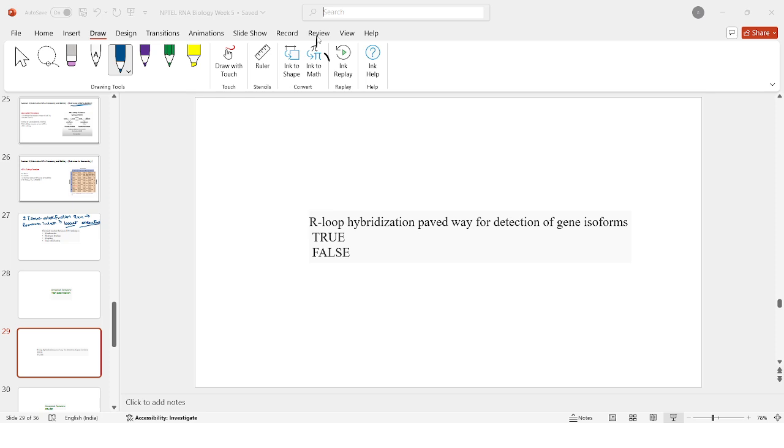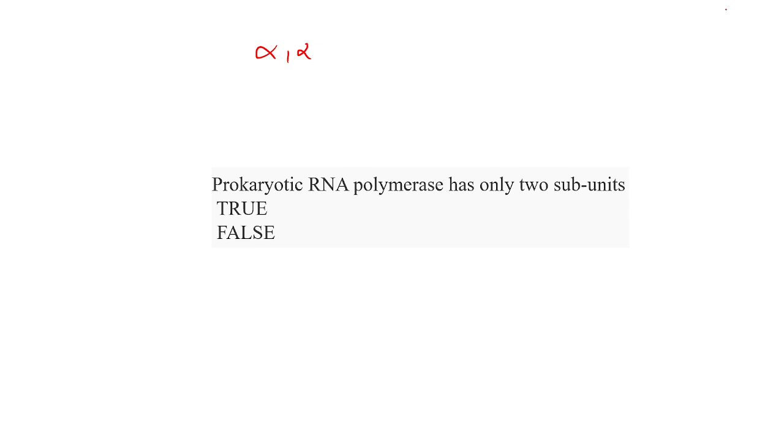Alpha, alpha, alpha 2, beta, beta dash, omega, sigma. These are the different subunits of RNA polymerase. So it is false. Okay.